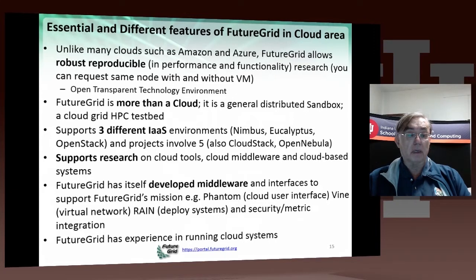FutureGrid supported a lot of the Nimbus development because when FutureGrid started, OpenStack essentially didn't exist, and Eucalyptus was a bit laggardly in coming out with new releases, as it had both an open source and a commercial side, and the commercial side was dominant for a while. And of course, we have substantial experience in running cloud systems.